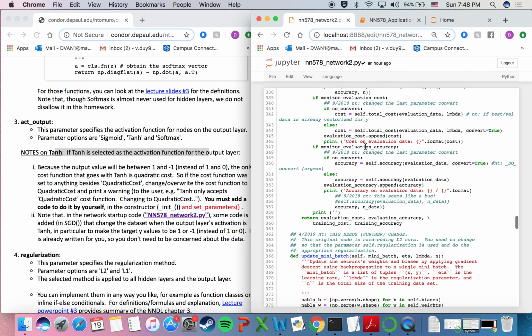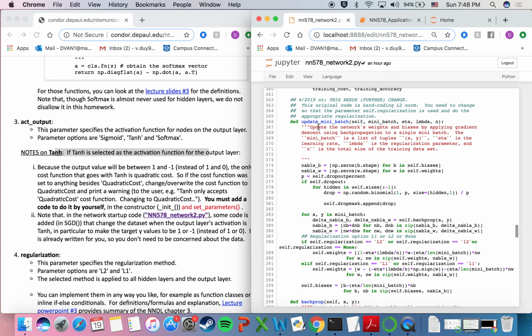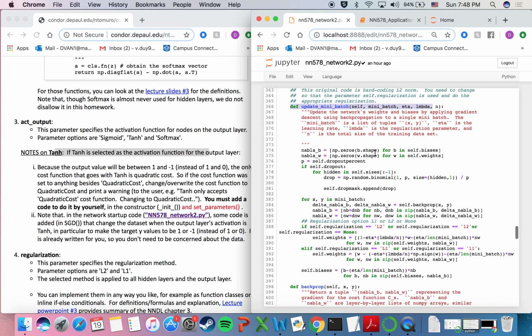But there is a modification for the update mini batch. For the update mini batch, there are two big things I put in: the dropout and the regularization.